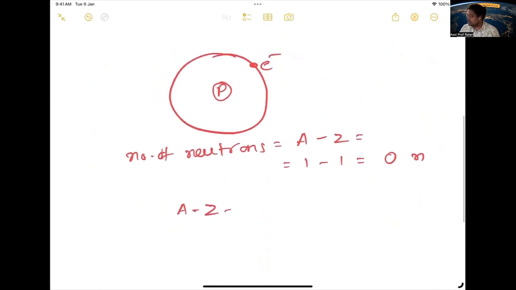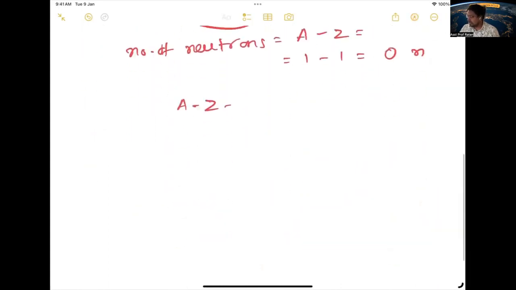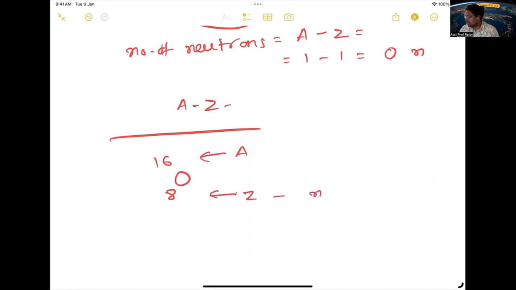Okay. Now let's take another one. Let's take oxygen, 8 and 16. Now you can see A equal to 16 and Z equal to 8. So this is again the number of protons.